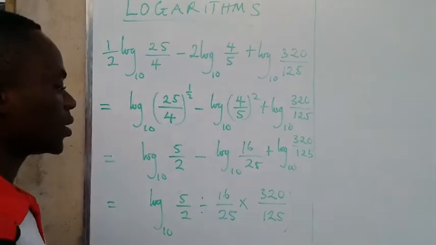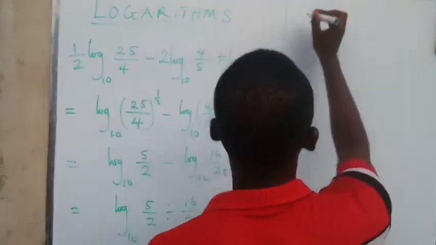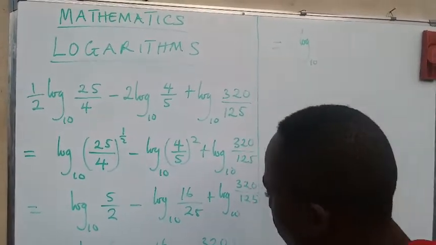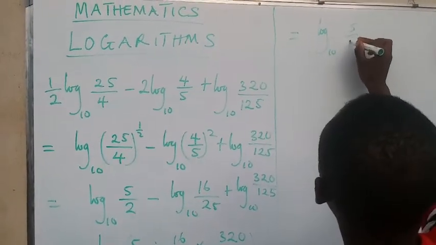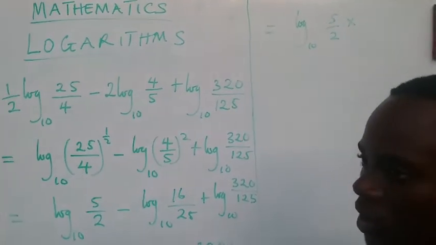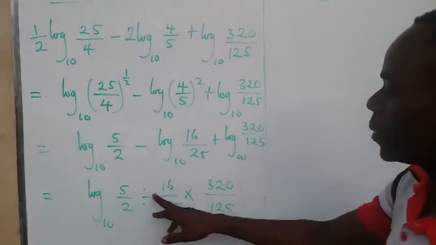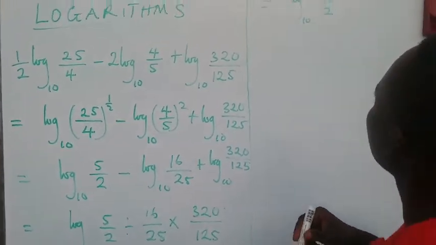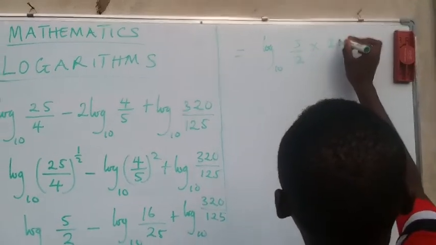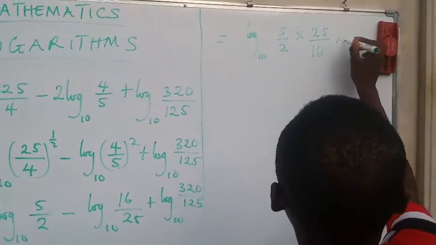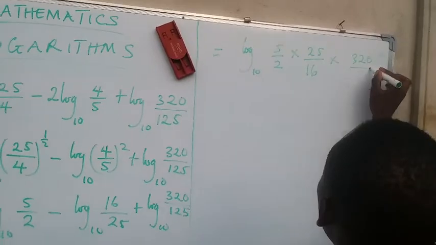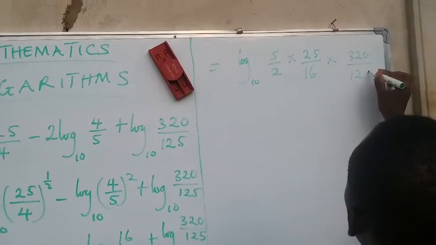Everything here is together. So this is going to give us logarithm to base 10 of 5 over 2 multiplied by, we're going to change this division sign to multiplication, thereby taking the reciprocal of the divisor, which is 16 over 25. So that gives us 25 divided by 16, then multiplied by 320 divided by 125.